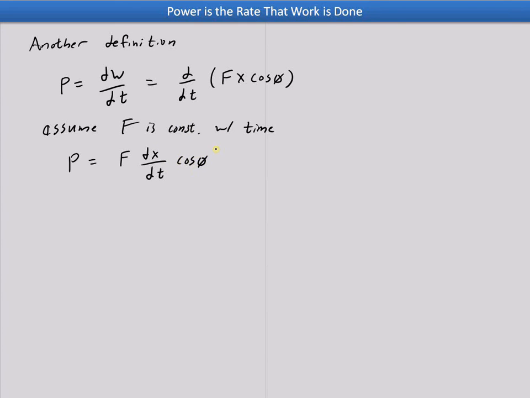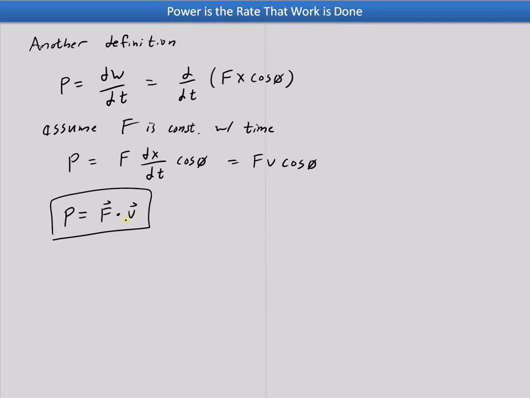Let's just say it isn't. We'll say that's part of force being constant. In which case we get force times velocity times the cosine of the angle in between them, which we could write instead as a dot product. So another way to write down power is the dot product between force and velocity.